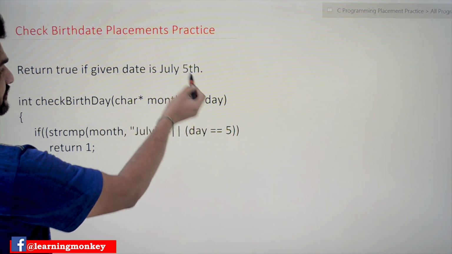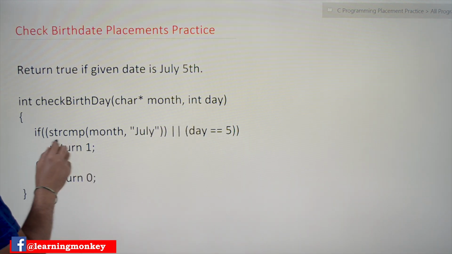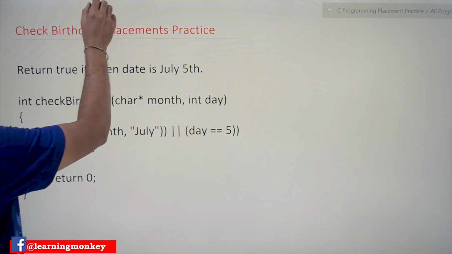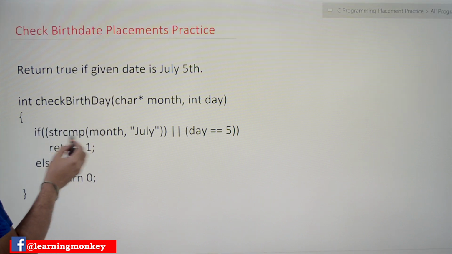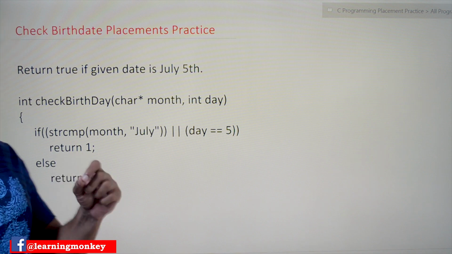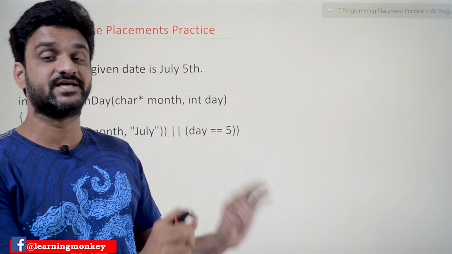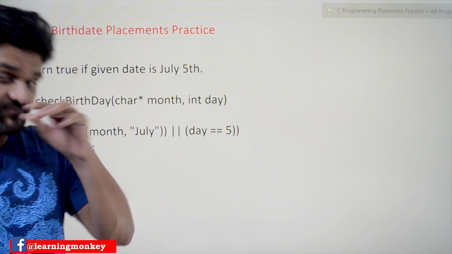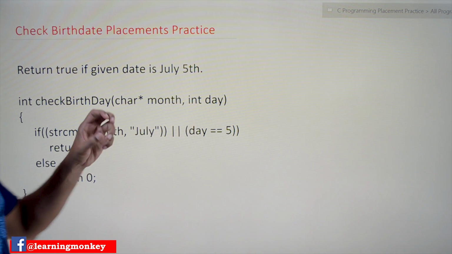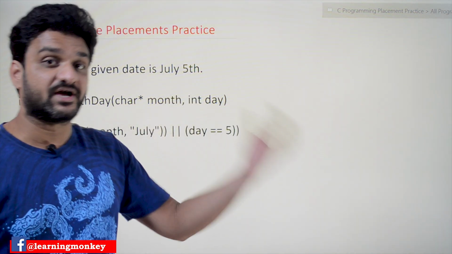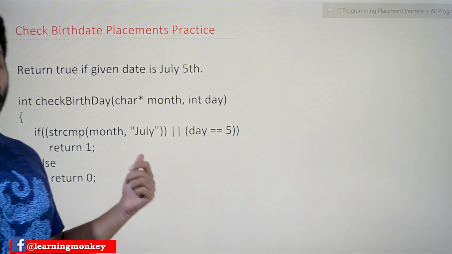Day means 5 will get passed to it, and here we are using a function called string comparison. The concepts of string functions have been clearly explained in our previous videos. If you haven't watched those videos, please watch them, because understanding the way in which those functions work is very important for you to solve these kinds of problems.